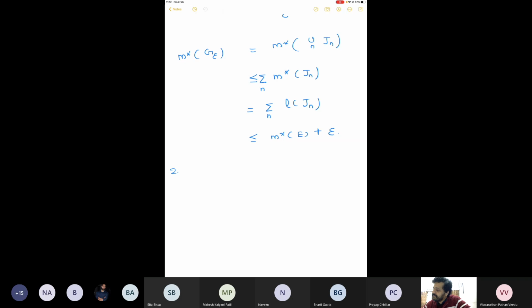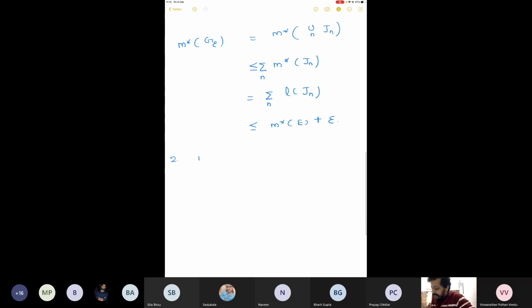For every epsilon, we can find a G epsilon set, and take the intersection of all these. But every epsilon is uncountable in number. Take a natural number n, 1 by n. So from epsilon, you have to go for 1 by n to handle the countable case, right?